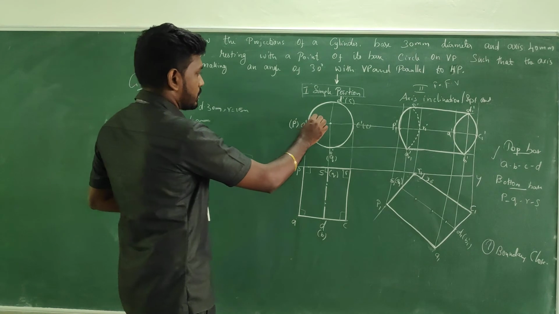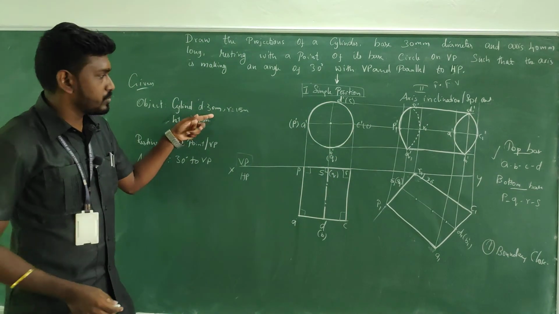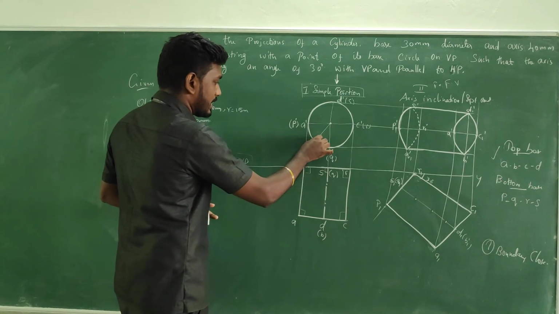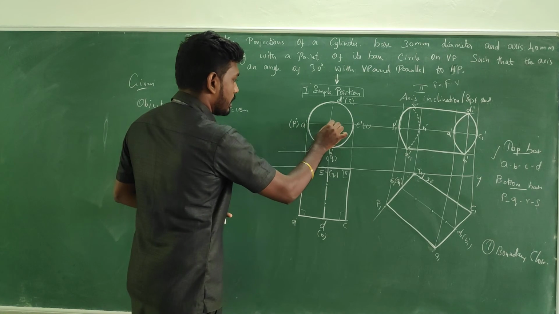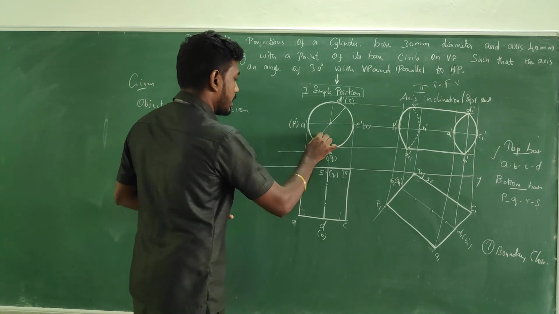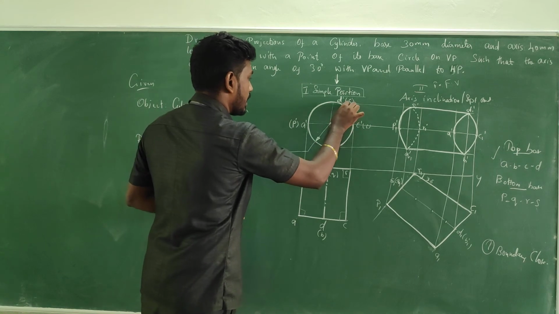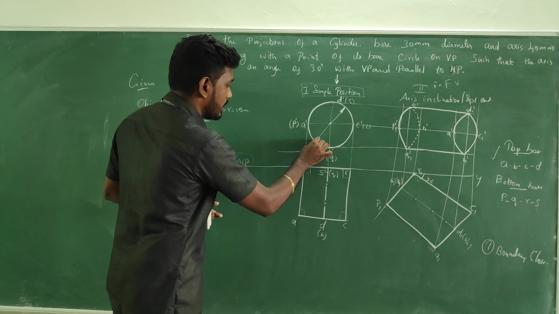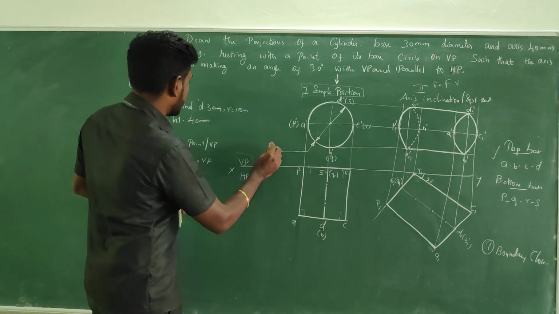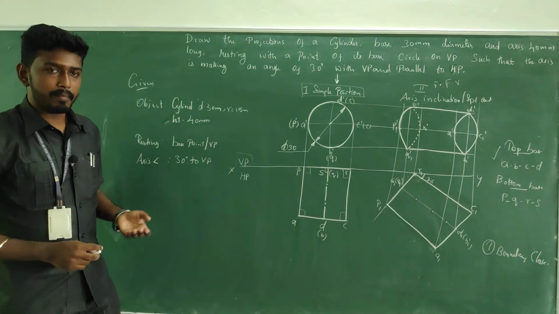And then the measurements. Here the circle diameter 30 has been given. For that you have to take a leader line, something like this, and mark the diameter. Take the full diameter, mark filled arrows at the ends, and write above the leader line as diameter 30.